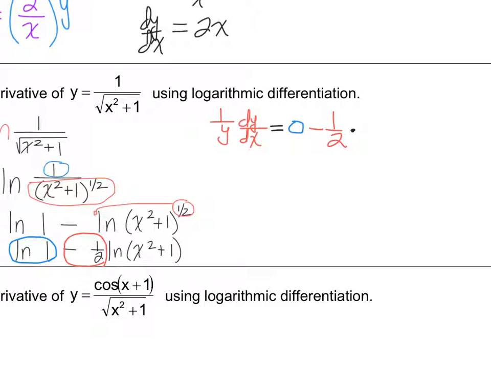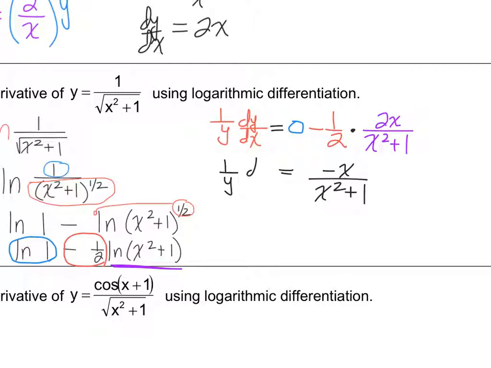So with that in mind, what is the derivative of the natural log of x squared plus 1? 2x over x squared plus 1. Exactamundo. Can we combine it with the negative 1/2? You can. So the right-hand side would become negative x over x squared plus 1. We still have the 1 over y dy dx.